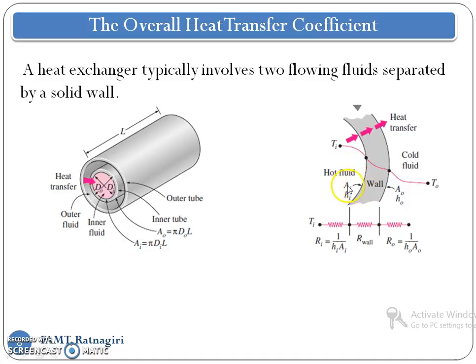Here A_i is the inner cross-sectional area, h_i is the inside heat transfer coefficient. Here we have the thickness of the wall. Then A_o is the cross-sectional area of the outer wall of this inner tube, and h_o is the outside heat transfer coefficient.